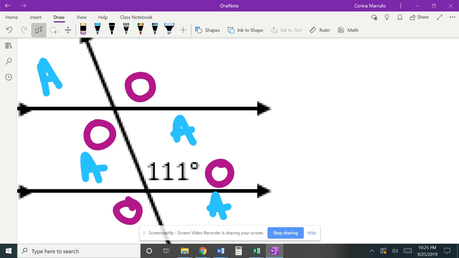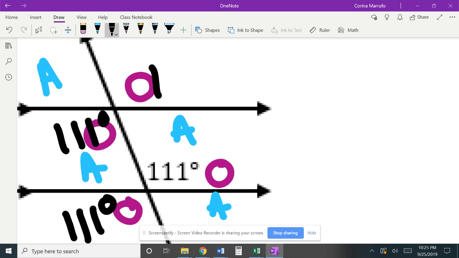All right, so if this angle is 111, all of my obtuse angles are 111 degrees. So that one's 111, these two are 111, this is 111.